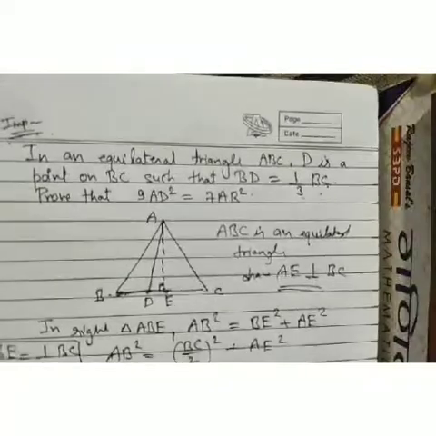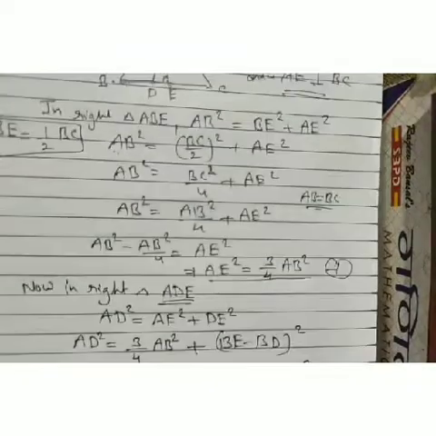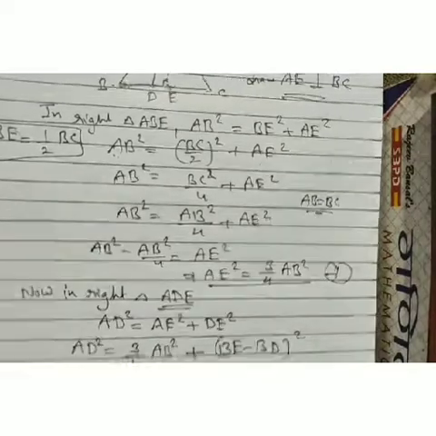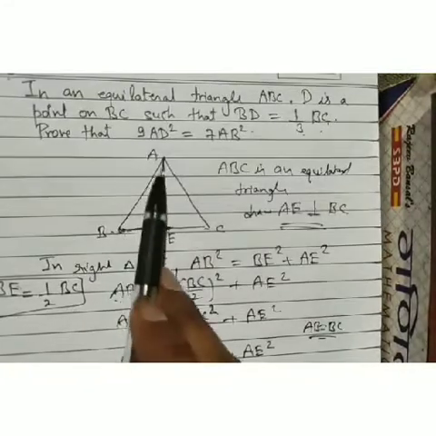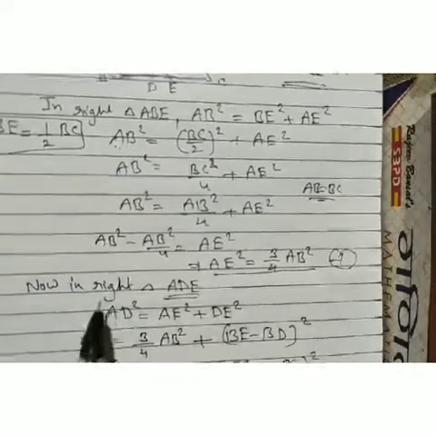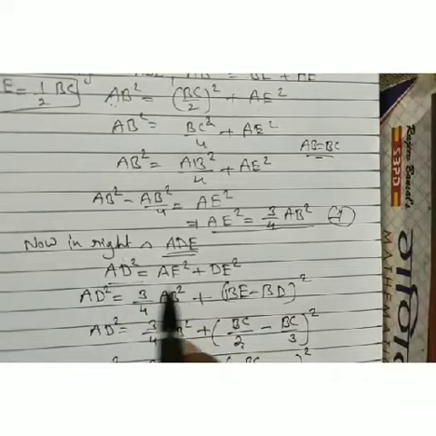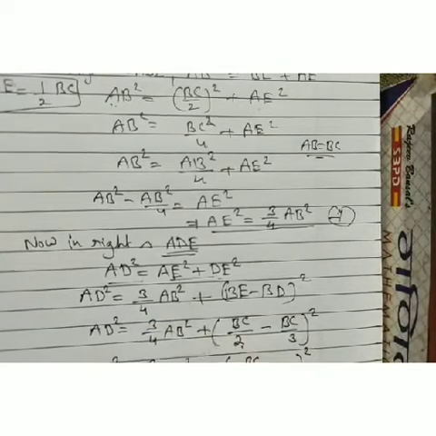But we have to prove 9 times AD square equal to 7 times AB square. Now we take the right angle triangle AED. In ADE we again apply Pythagoras theorem. Then we have AD square equal to AE square plus DE square.